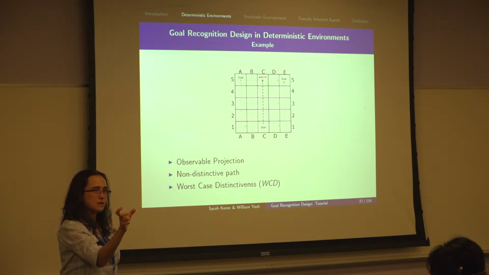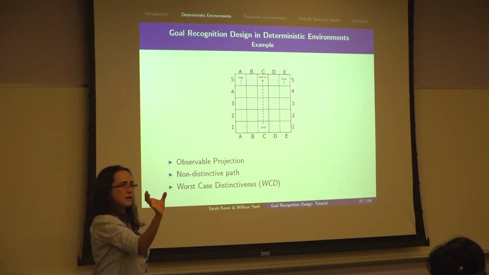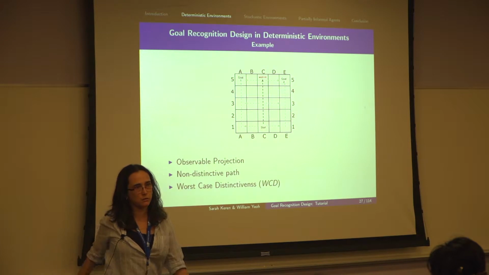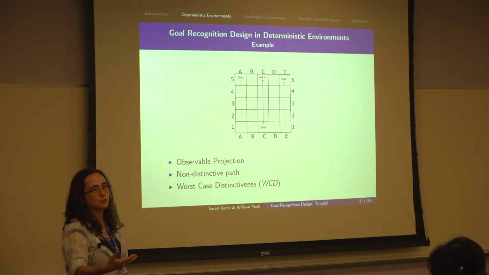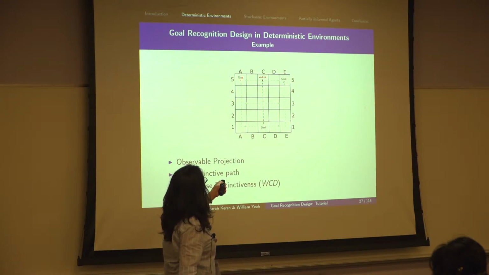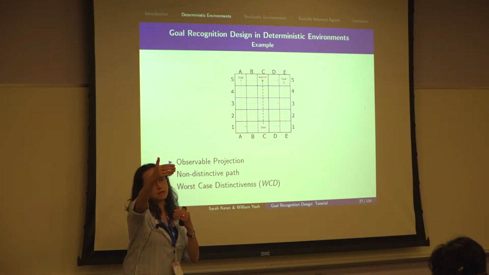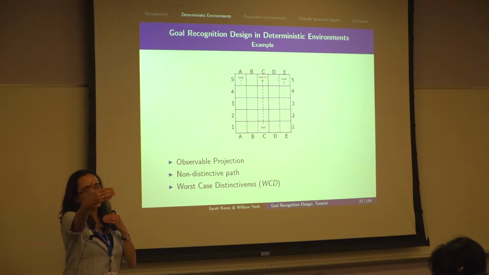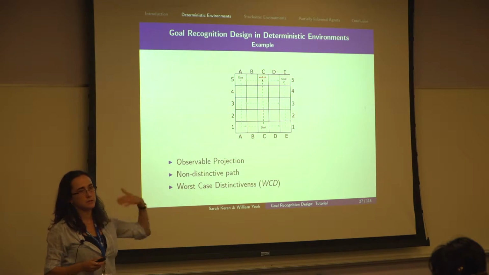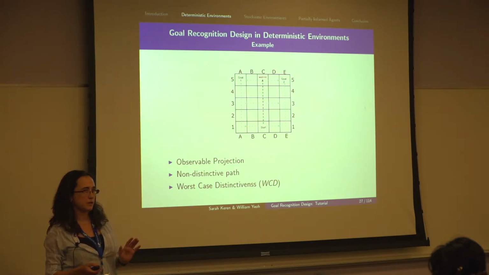So this worst-case analysis gives us a buffer zone around the goals that helps us react. If we want to understand who are the agents that are going to G1, and we measure the worst-case setting and minimize that, then we're maximizing the ability of the system to react. Does that make it clear?